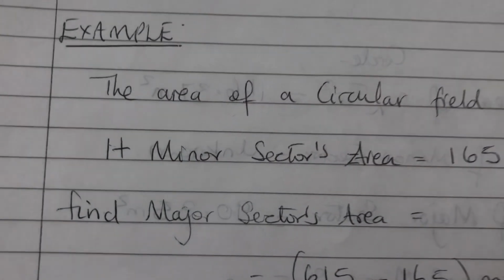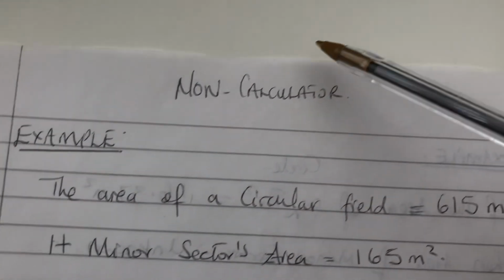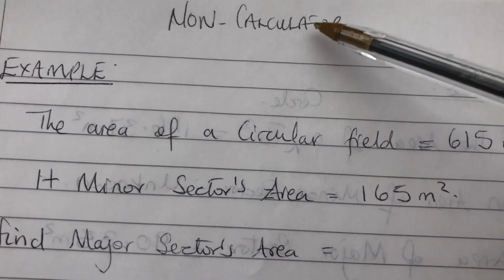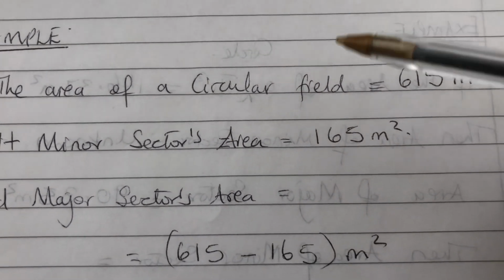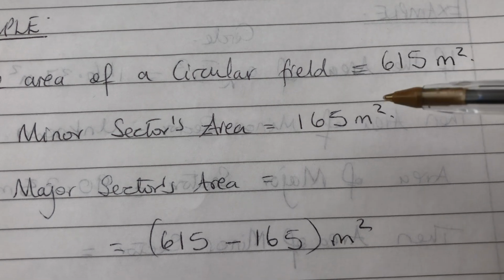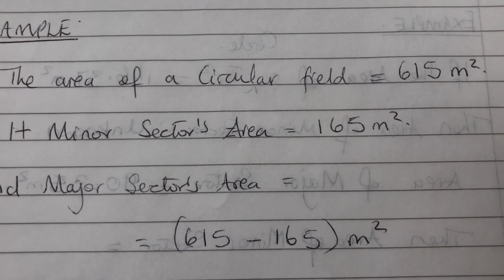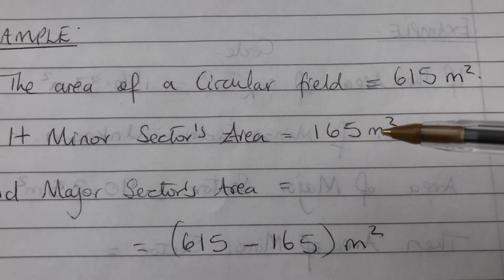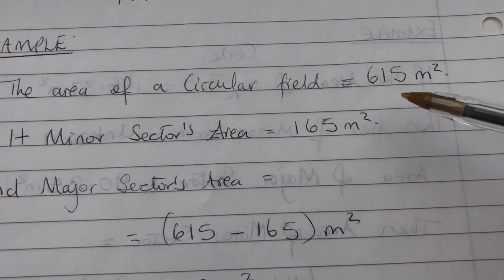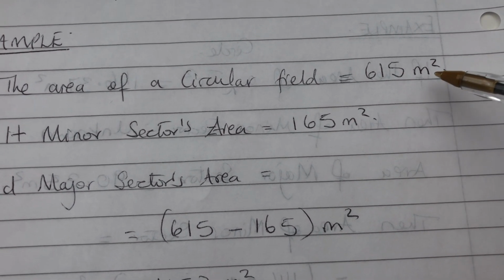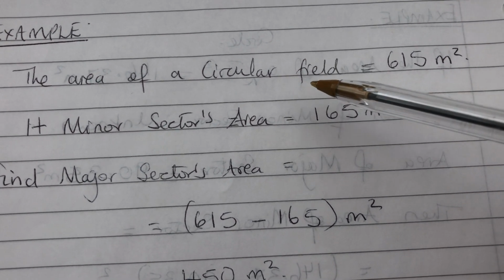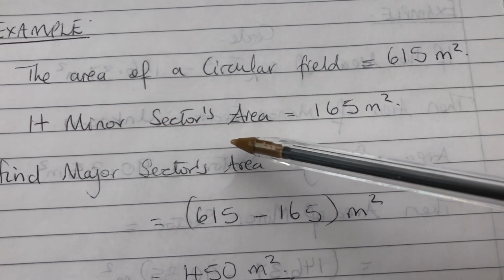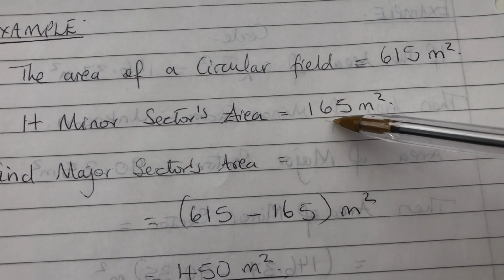The next example that we are going to look at is from the non-calculator part. Here what it means is you don't need a calculator. You can just do it. So the area of the circular field is 615 meters squared, and the area of the minor sector is 165.